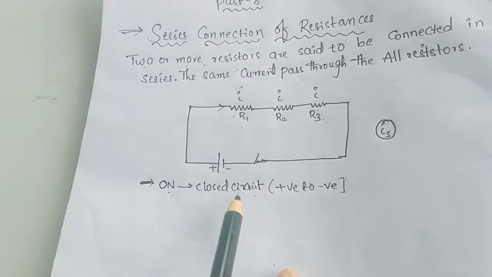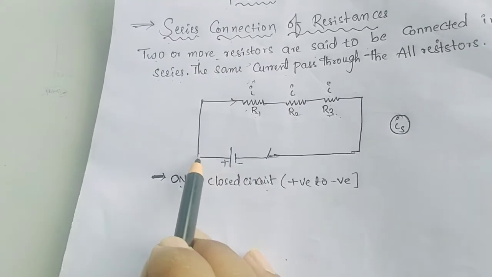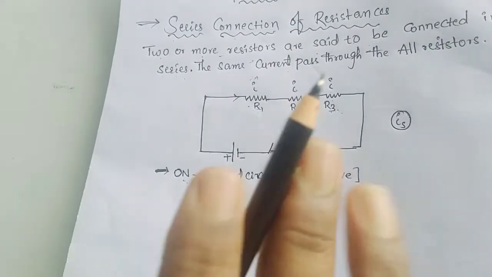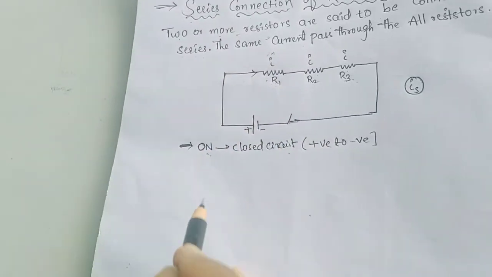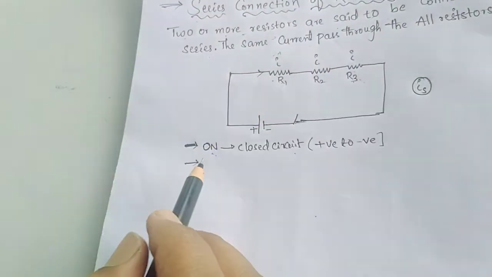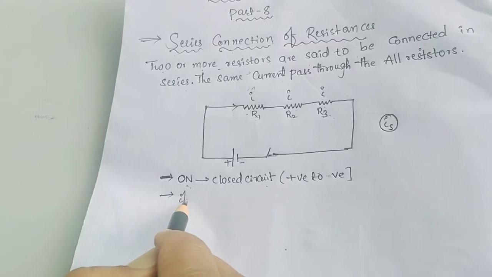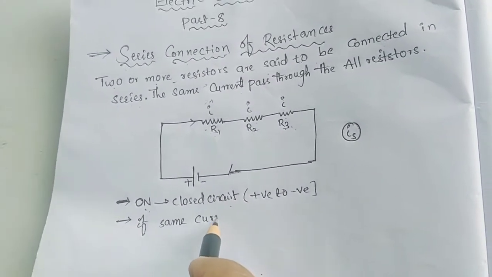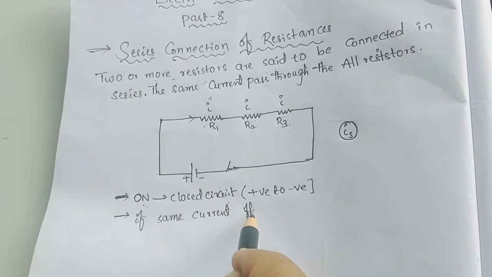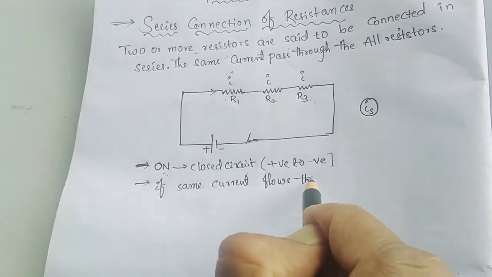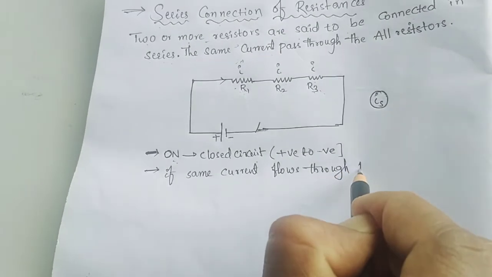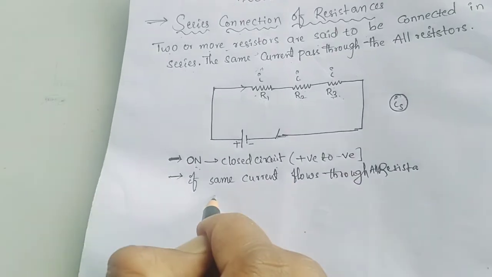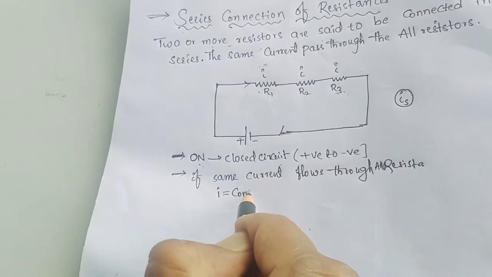So in this situation, the same current flows through all the resistances. As you know, I is constant here.